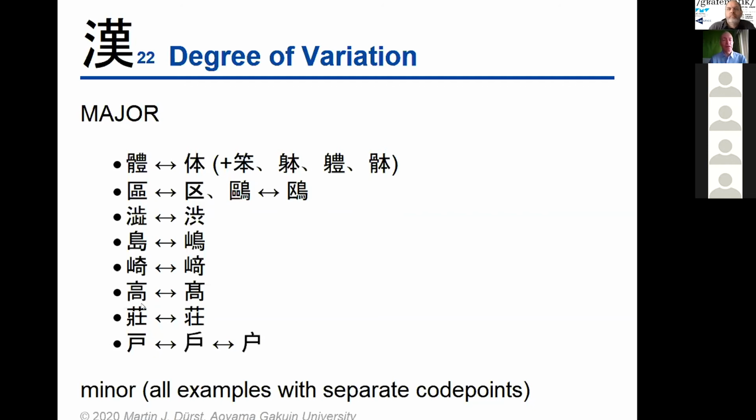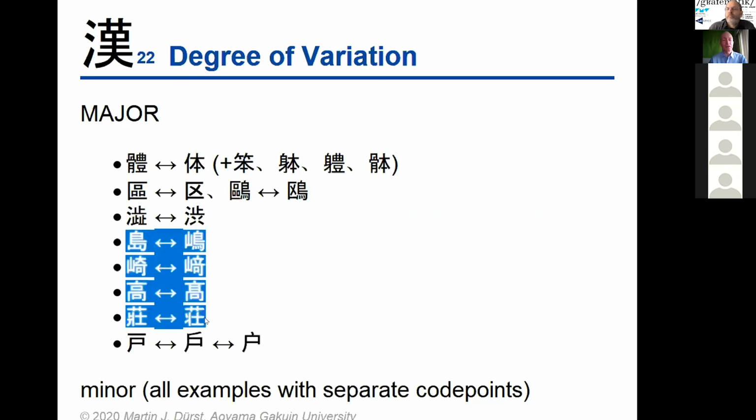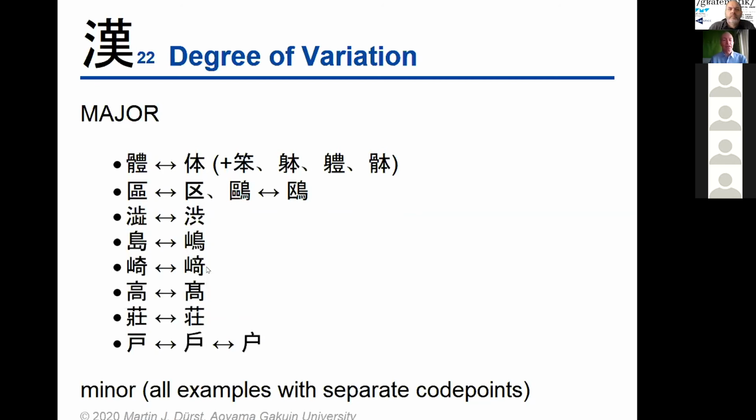Here in the middle, especially these 4 examples, they turn up a lot in names. Virtually every class of about 100 students I get every year, there are 1 or 2 or 3 students which have one of these variants and not the other, which would be fine, except that in some of the computer systems, one of the variants turns up, and in another place, the other variant turns up.